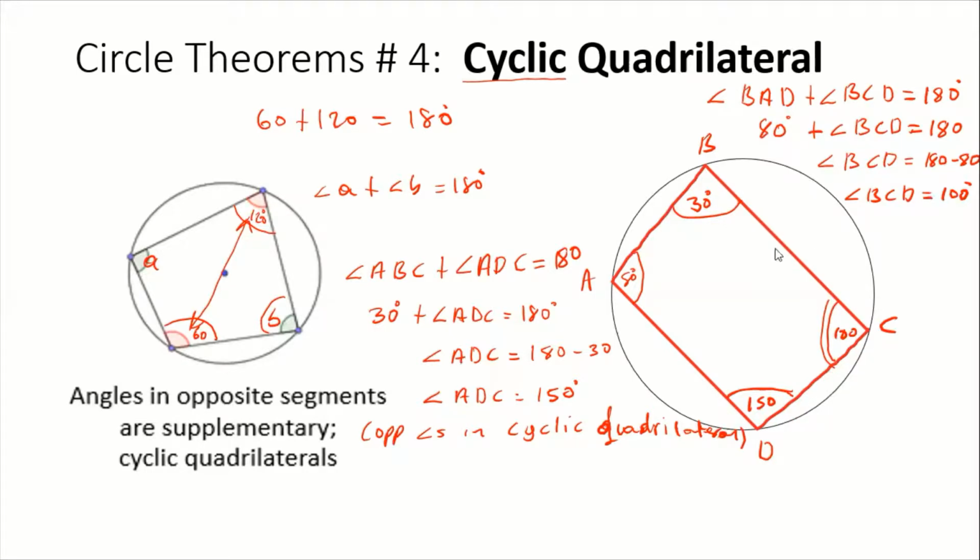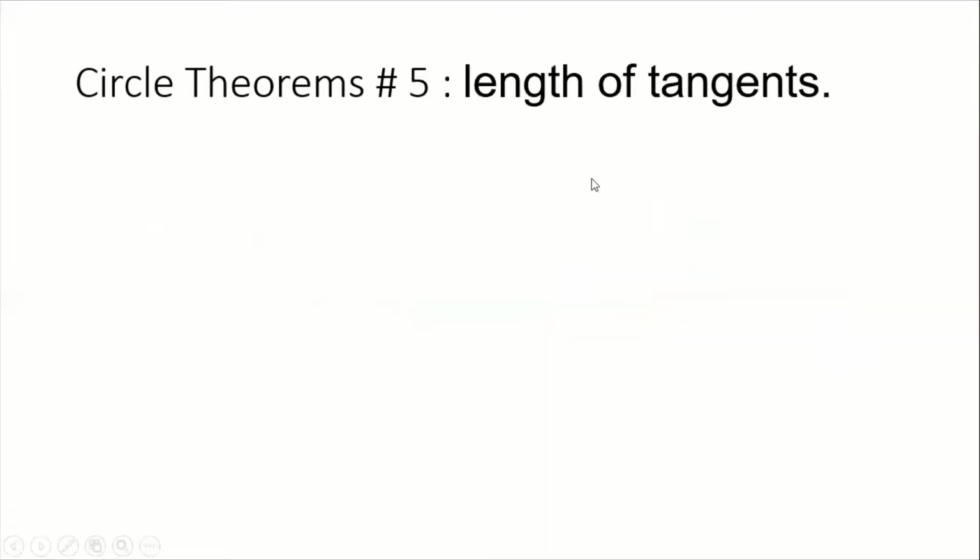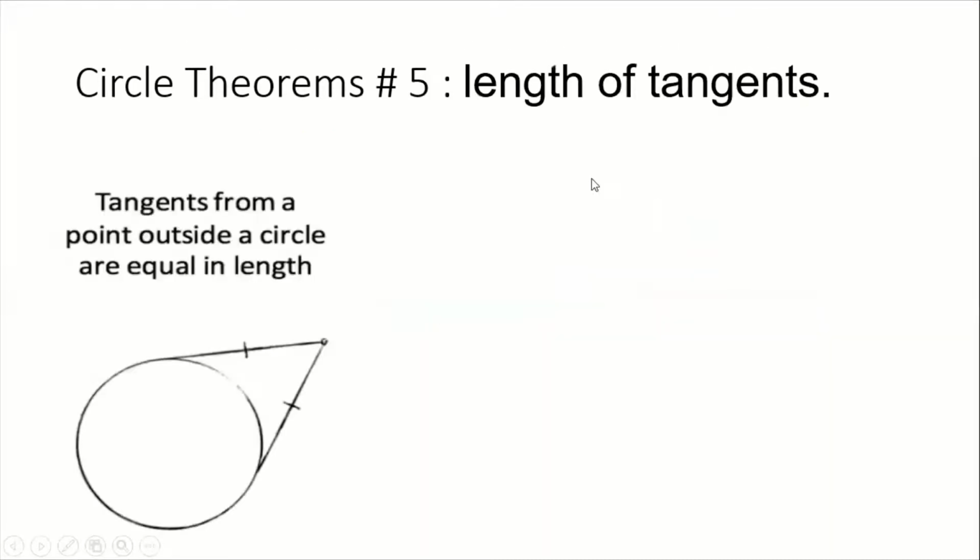Let's look at theorem number 5. Theorem number 5 has to do with the length of the tangent. If you have a point out here, let's call it C, and you have two tangents coming from that point that touch the circumference of the circle, then the lengths of the tangents are going to be equal.